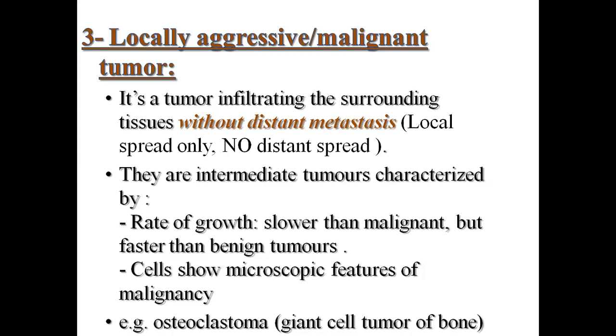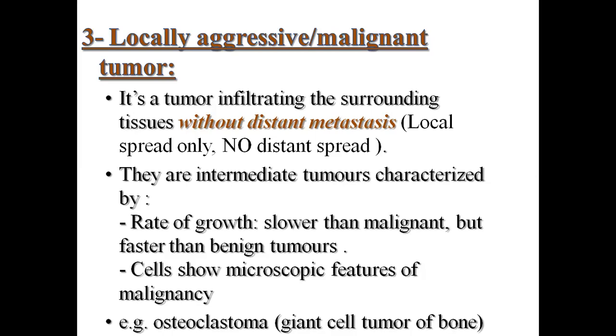Vesicular nuclei. And it grows by invasion of the surrounding tissue, and it is ill-defined. It's like malignant tumors. However, they do not send distant metastasis. They don't form distant spread away from the original tumor. They only invade the surrounding tissue. Okay? And the rate of growth is slower than malignant tumors.